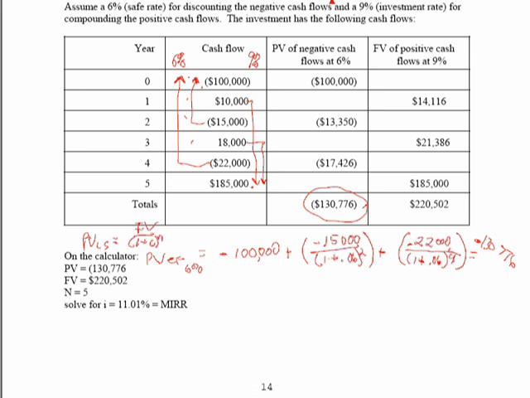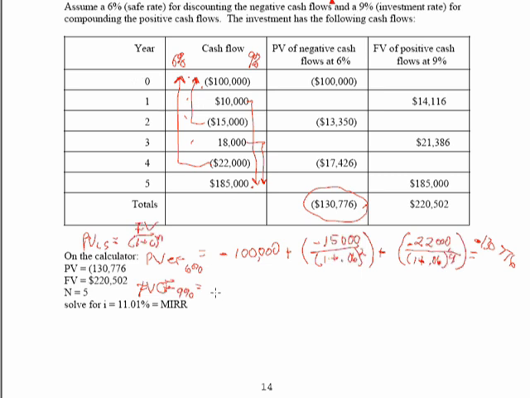To compound the positive cash flows to the end of the investment period, again, I could write that out mathematically. We're going to take the future value of the cash flows, and don't forget we have another rate. We've got the 9% reinvestment rate. And our first positive cash flow is in year 1.